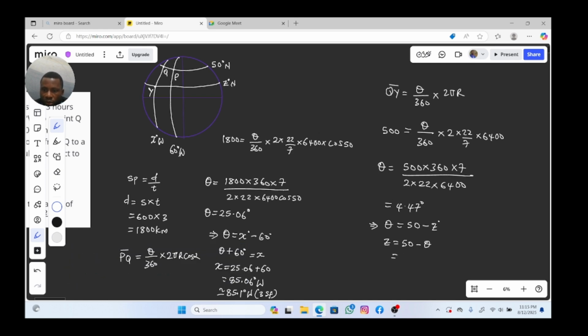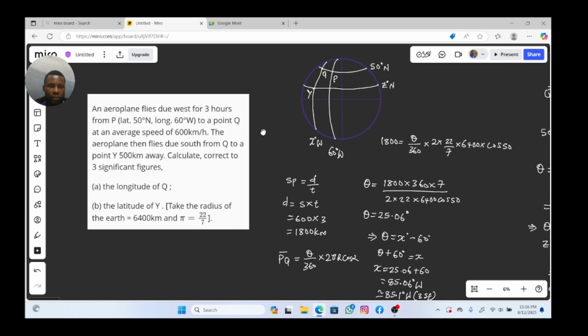So Z is equal to 50 minus 4.47 degrees north. Approximately to 3 significant figures, that is 45.5 degrees north. Okay, so that is the second part of the question. Very simple.